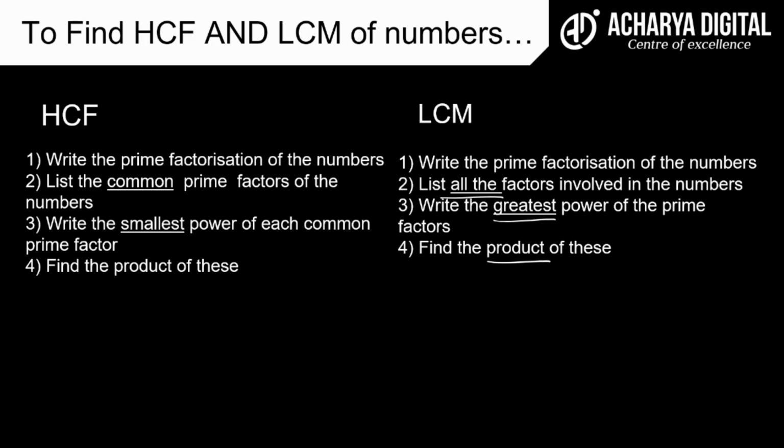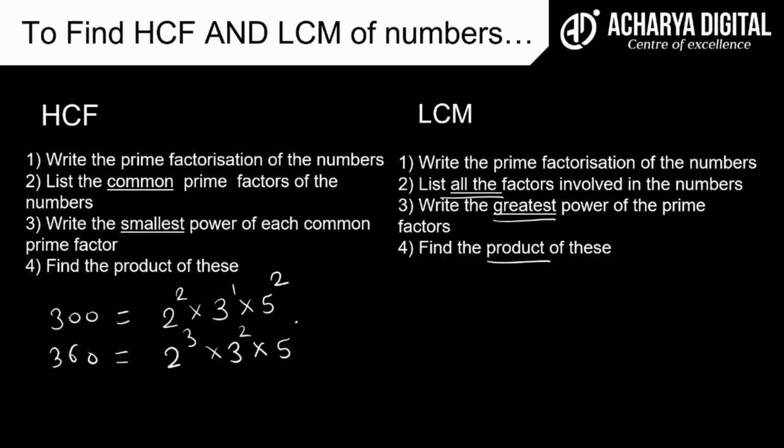So the same example I can take. I have already done the prime factorization for 300. It was 2 square into 3 raised to 1 into 5 square. For 360, it was 2 cube into 3 square into 5 raised to 1. Now, for finding LCM, as the L letter shows lowest, so for lowest, I have to consider greatest power.